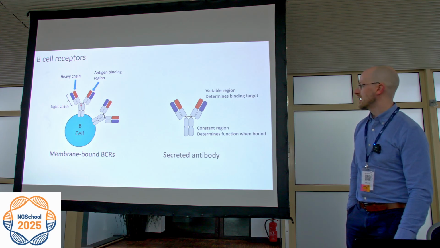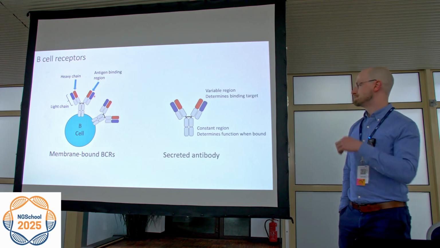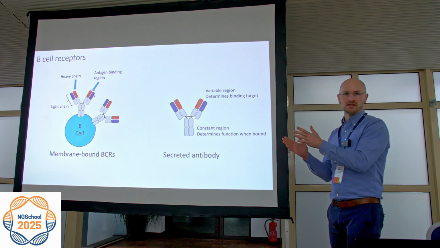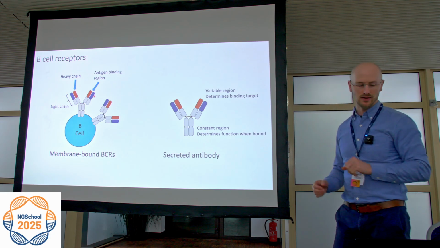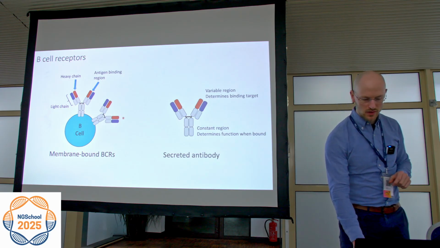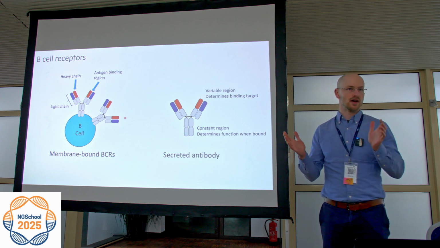As you might expect, the heavy chain is larger than the light chain, and the antigen binding region is usually depicted here, and is composed of the complementarity determining regions of both the heavy chain and the light chain. Each B-cell receptor has two antigen binding regions, though antibodies, when they're released, can have more than that.